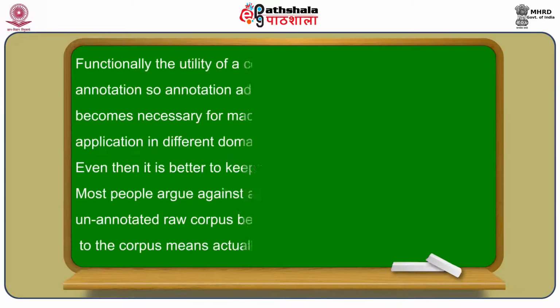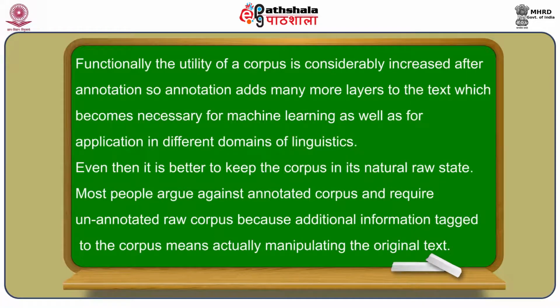Functionally, the utility of a corpus is considerably increased after annotation. Annotation adds many more layers of information to the texts, which becomes necessary for machine learning as well as for applications in different domains of linguistics. Even then, it is better to keep the corpus in its natural raw state.